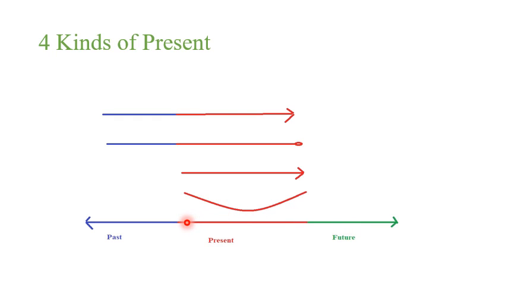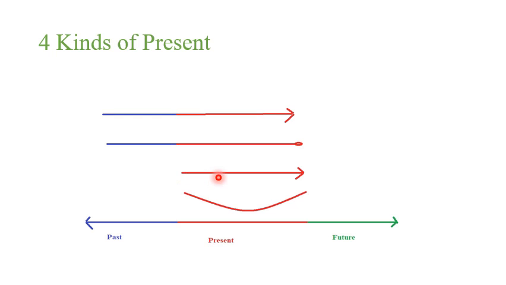Present is indicated here with red color. In our first kind of present, we show that an action is repeated over time, over a duration. It moves from point A to point B, comes back, and then this process, like a movement of a pendulum, is repeated again and again.